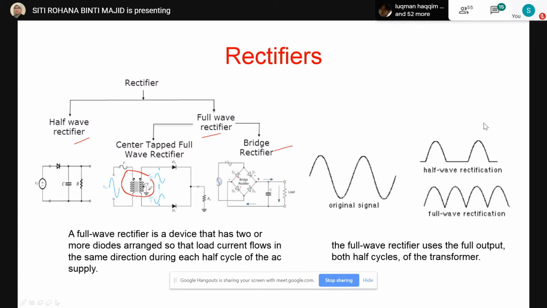We can define a full wave rectifier as a device that has two or more diodes arranged so that the load current flows in the same direction during each cycle of the AC supply. So a full wave rectifier has a first half and a second half cycle. And in terms of waveform, we know that we are using an AC input signal.